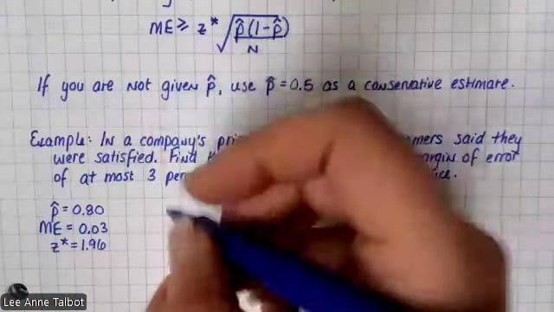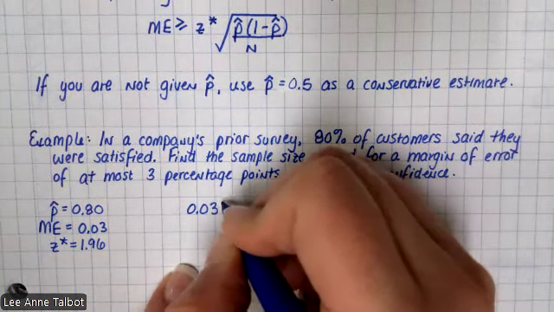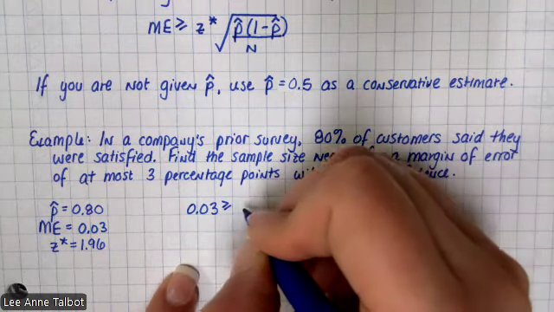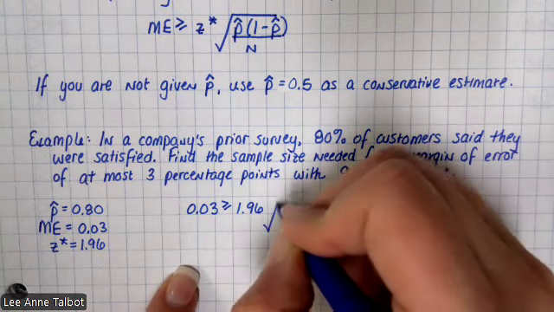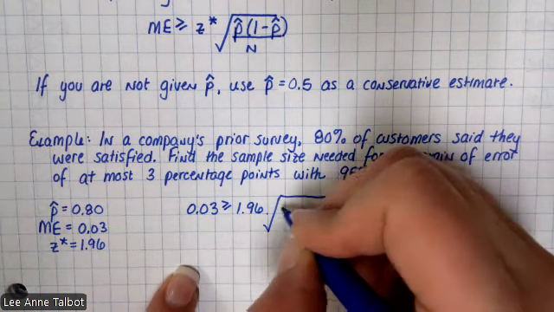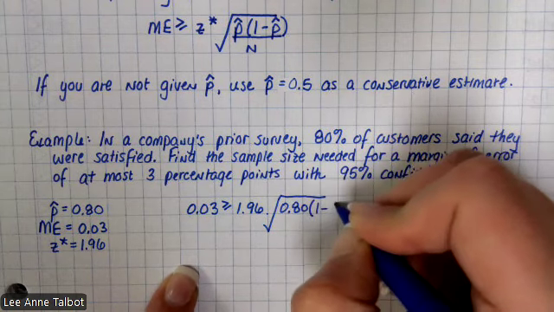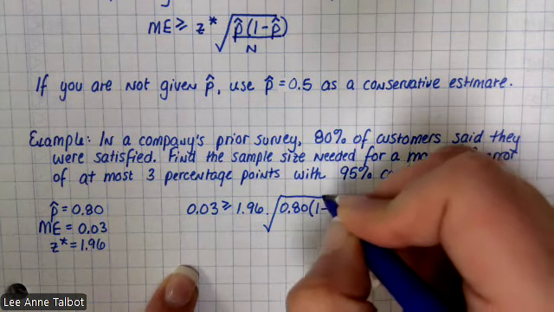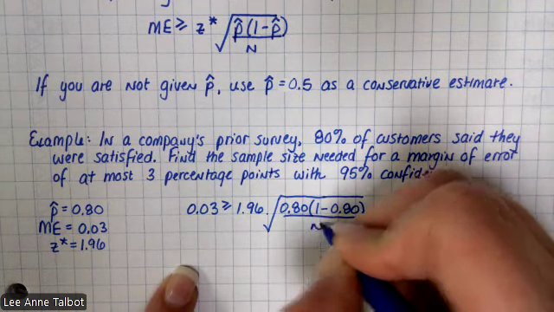So margin of error 0.03 is greater than or equal to 1.96 times the square root of 0.8 times 1 minus 0.8 over n.